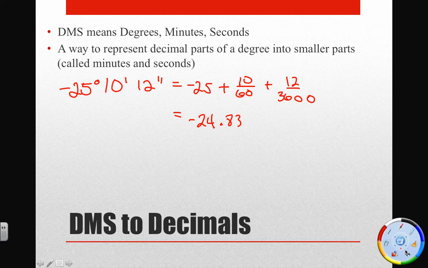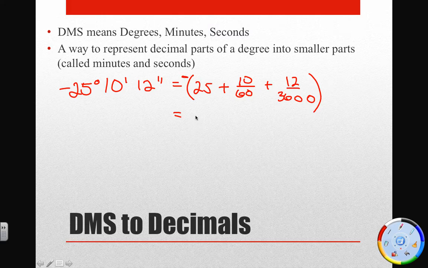So here's where that error comes from. That error comes back here. This is not only a negative 25. What you really have to think about is doing the math that we did before and then adding a negative in front.